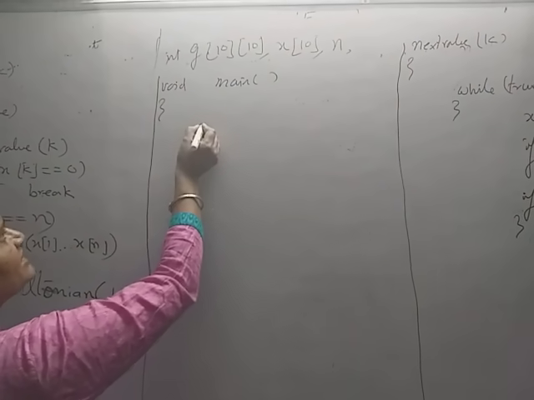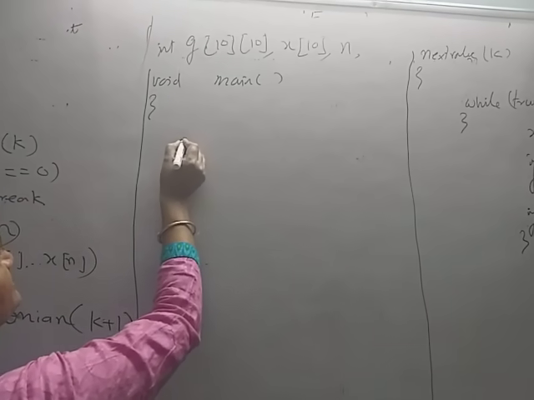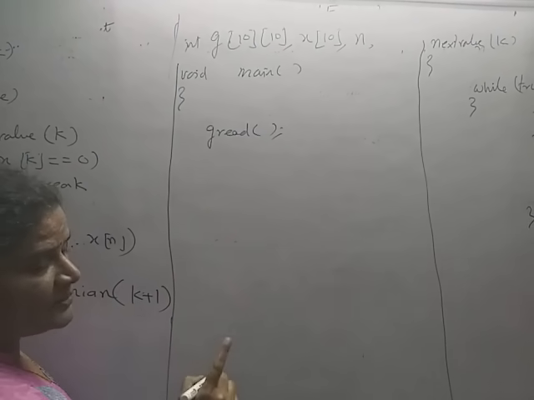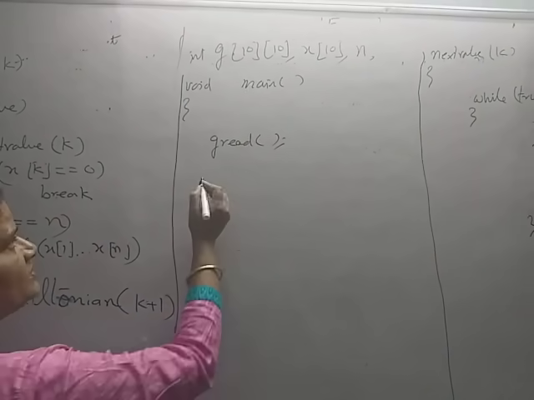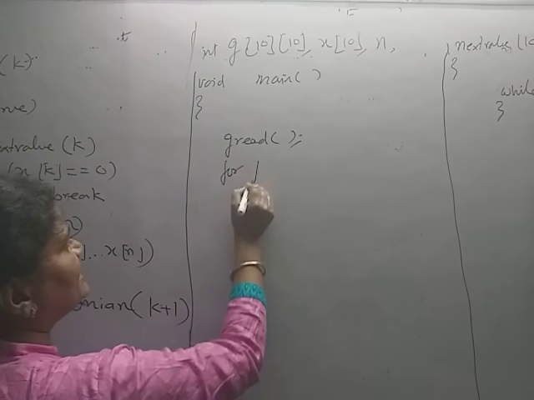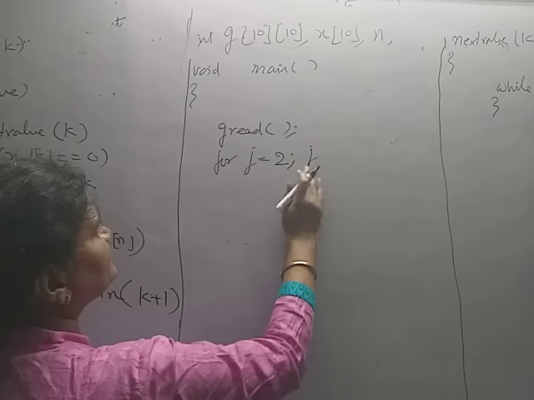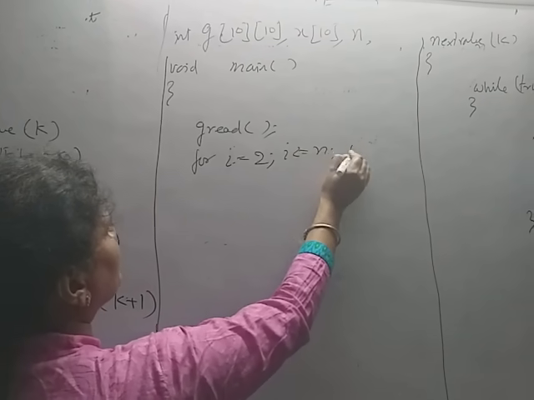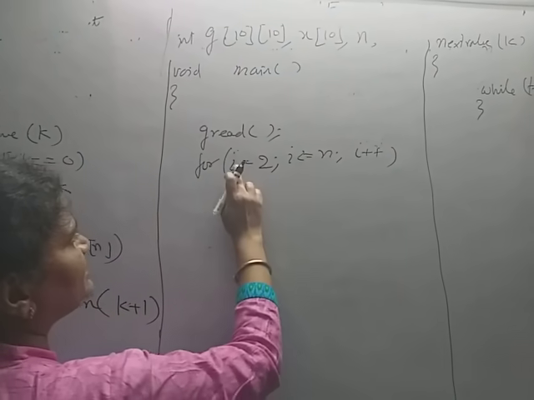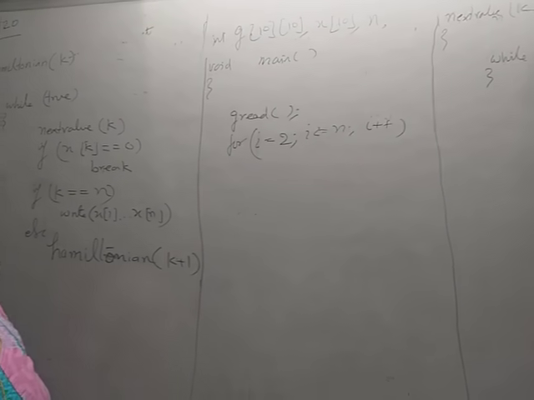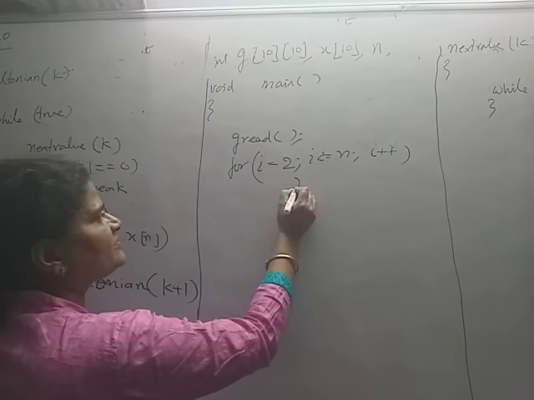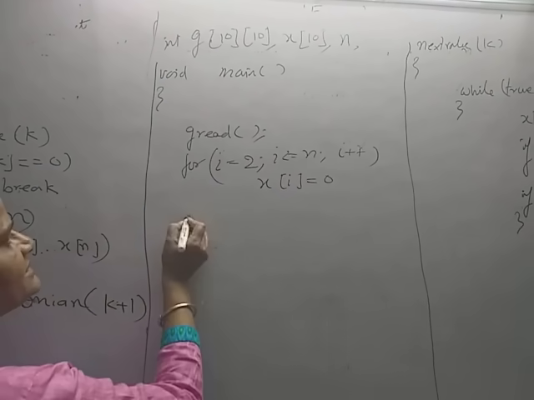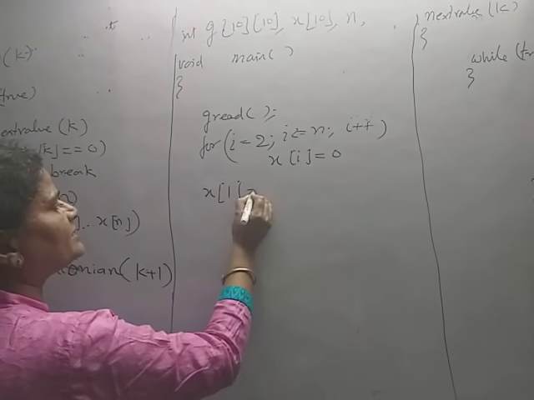So first you read the graph. After reading the graph, you initialize the solution vector: for i equal to 2, i less than or equal to n, i plus plus, except the first component, 2 to n, the solution vector is initialized with 0. And then x1 will be 1.